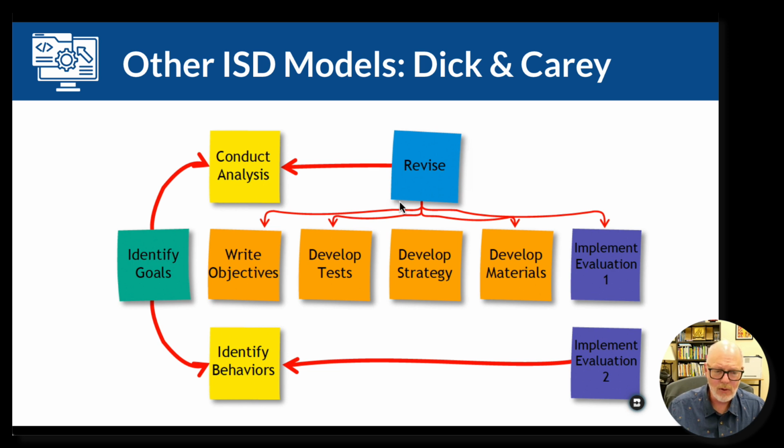The Dick and Carey model is obviously a little bit more complex. You identify your goals and the behaviors that you want. You write objectives, develop tests, revise as needed, develop strategy and materials, you implement, and then you conduct the analysis and make some adjustments based upon that, and then move through the process that way.